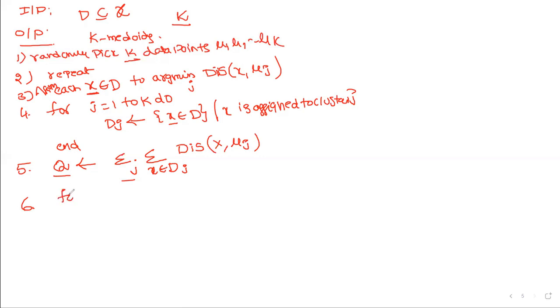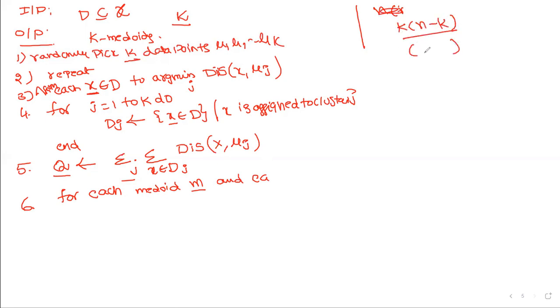Then after that, what do you do? We will calculate medoids also. Assume for each medoid M, as in the previous discussion, k into n minus k pairs. Each pair contains one medoid and one non-medoid.